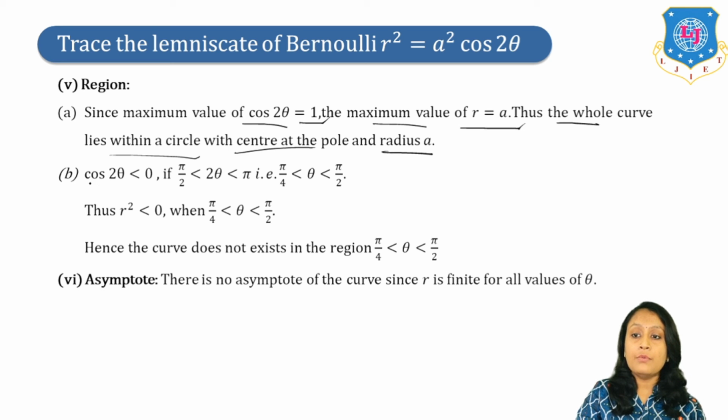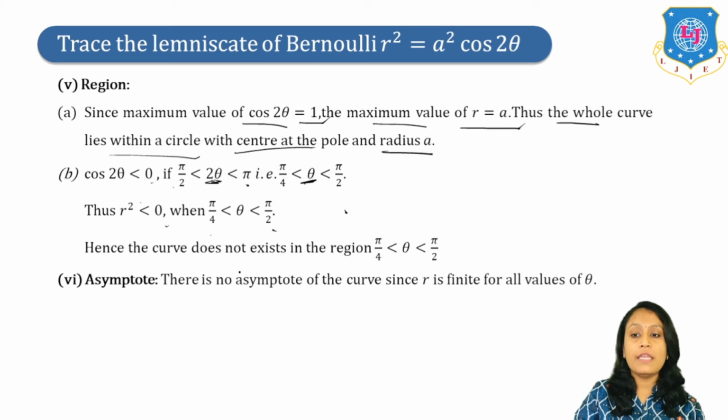Now cos 2 theta is less than 0 if we have 2 theta between pi by 2 and pi. From this we get that theta ranges from pi by 4 to pi by 2. So r square is less than 0 when theta is between pi by 4 and pi by 2.